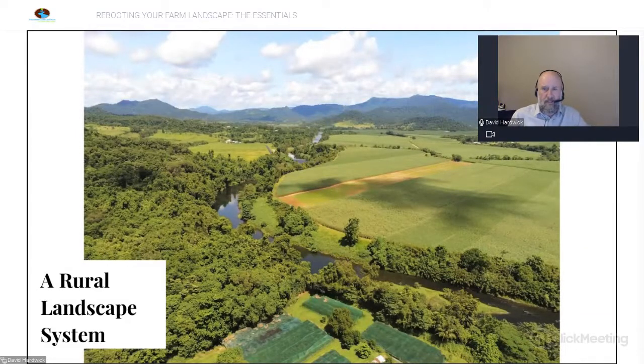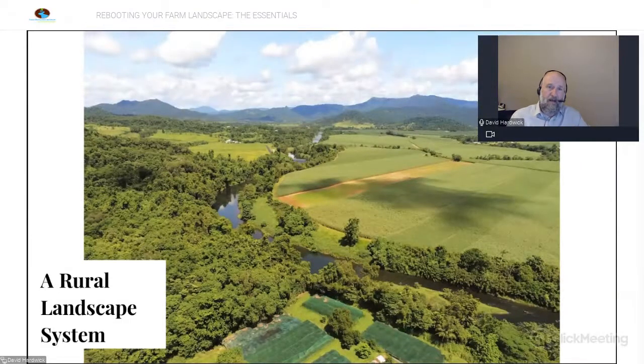You've got rainforest, hills and mountains in the background in the World Heritage Rainforest, and then you've got a whole mosaic of different land activities or different patches, all being managed differently. You've got a riparian area, so all of those things interact with each other. And then of course there's the sugarcane industry, the tropical fruit industry, the people that live there.